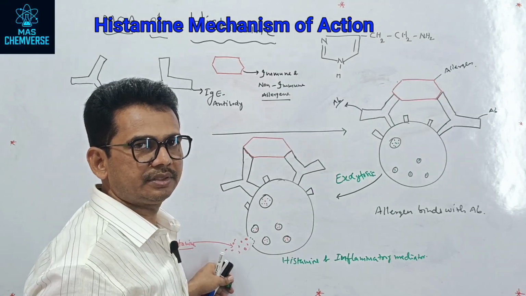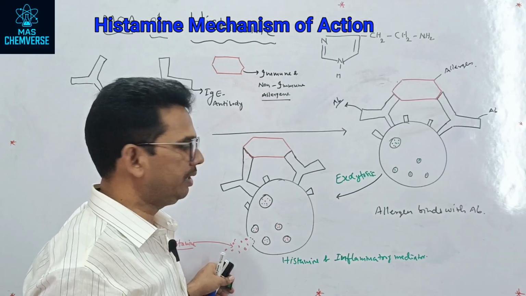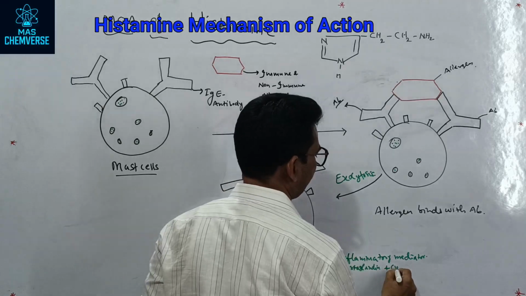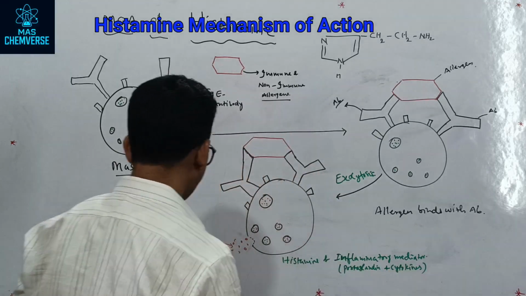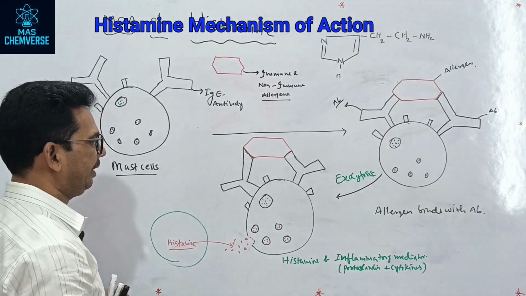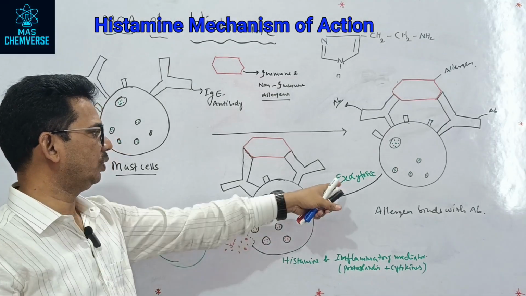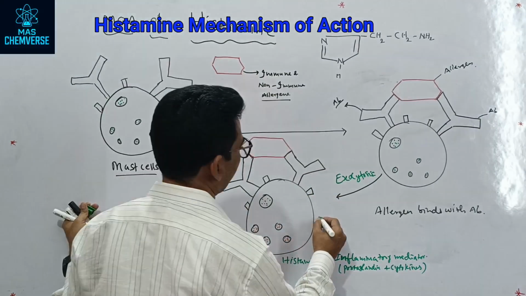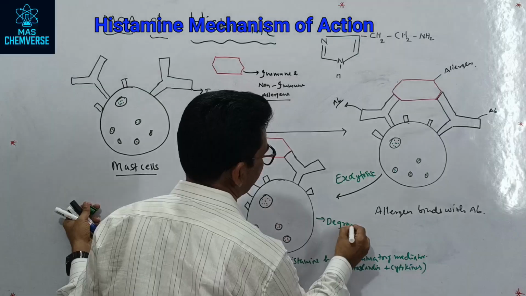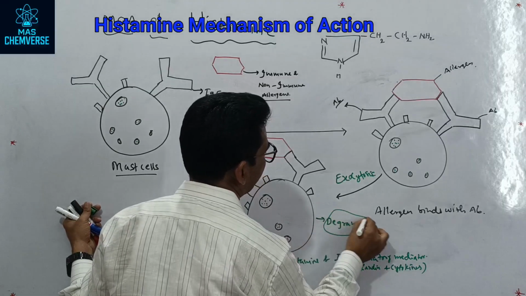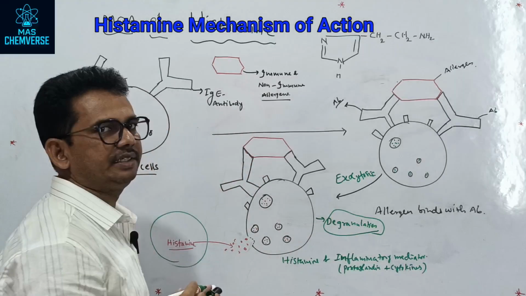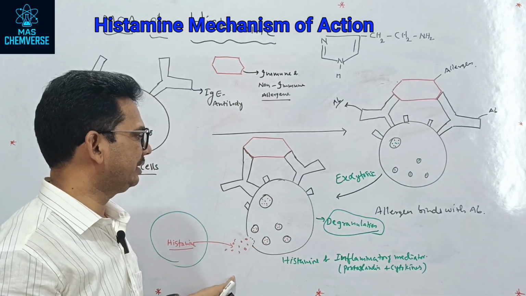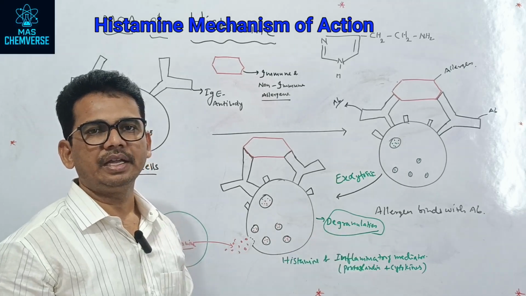Prostaglandins and cytokines, which are responsible for inflammation. All of these are released. All the inflammatory mediators are released when the cell undergoes the process of exocytosis, which we also call degranulation. Degranulation means a large amount of cell contents is released from the mast cells. That process is called degranulation.